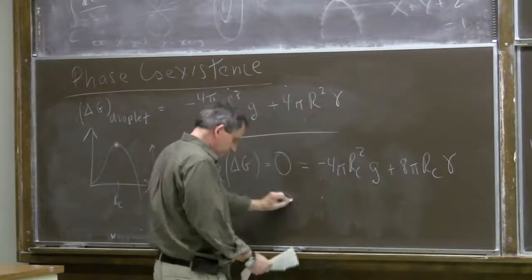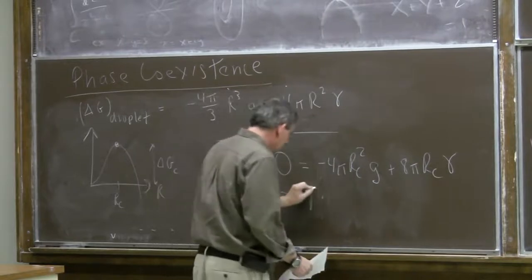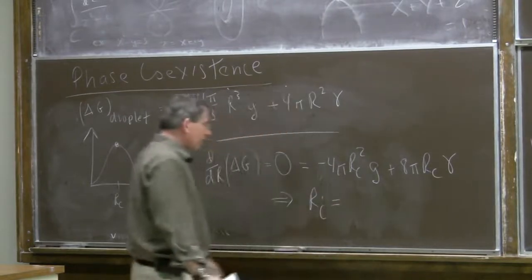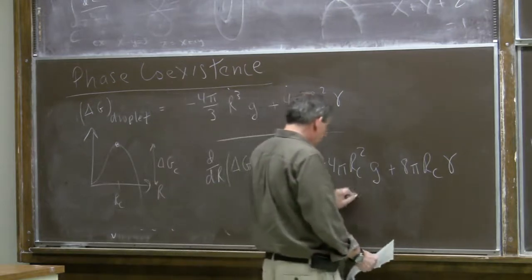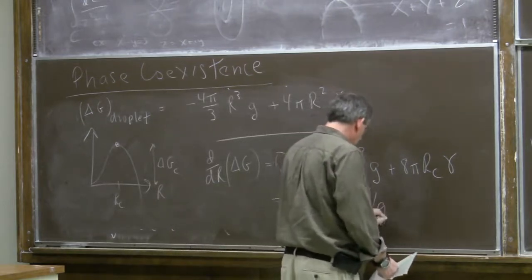So that means that the critical radius solving that equation will want to be 2 gamma over little g.